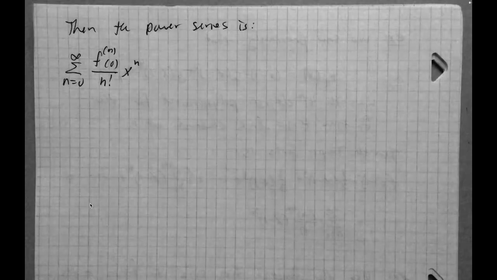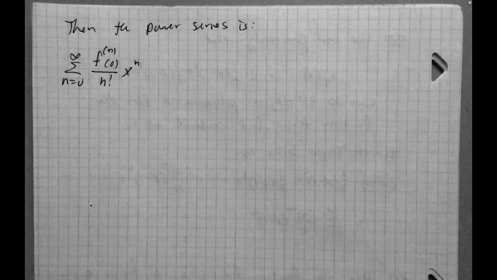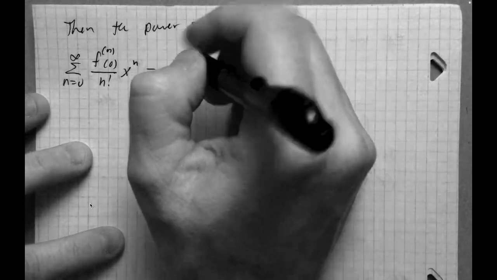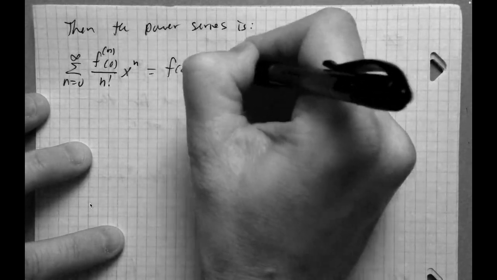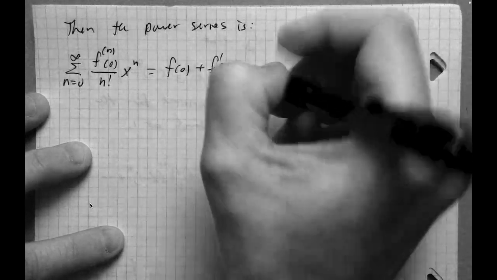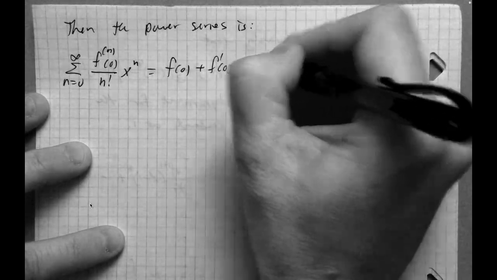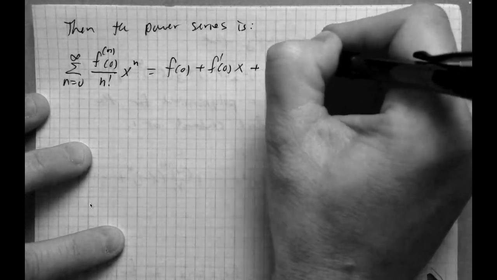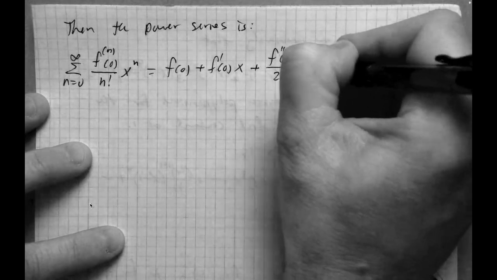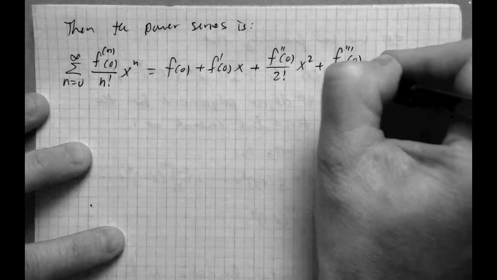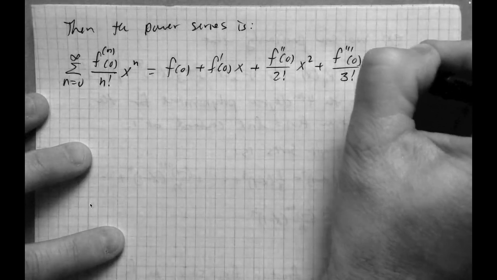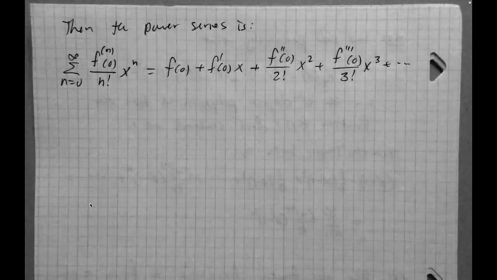Remember, this is the MacLaurin series, so it's centered at 0. And we can write that out. It's going to be f of 0 plus f prime of 0 times x plus f double prime of 0 over 2 factorial times x squared plus the third derivative evaluated at 0, over 3 factorial times x cubed plus, and so on.